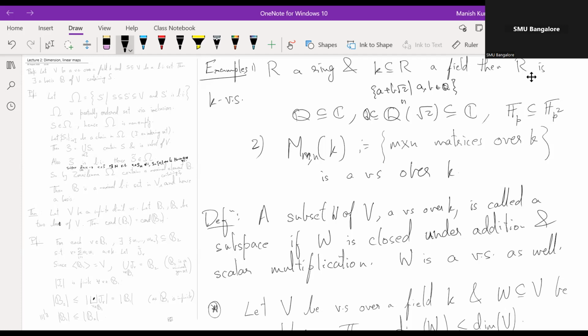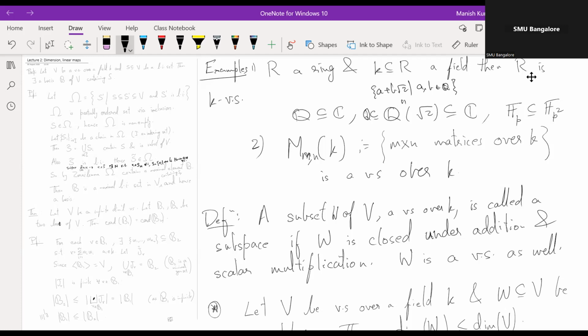So for instance, you can take 1 and square root 2. So 1 belongs to Q square root 2. 1, of course, is a linearly independent set over Q because it's non-zero. And square root 2 is not a rational multiple of 1, so it is not linearly dependent on 1.